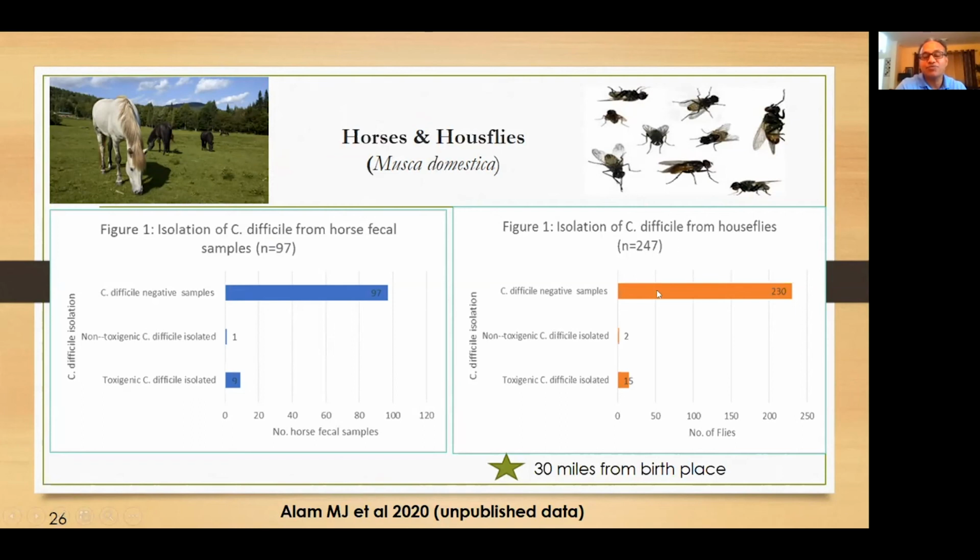And from these houseflies, we got 15 toxigenic C. difficile. So they are also colonized or carrying this C. difficile from animal feces in many different places. So this can be a good vector for transmitting C. difficile spores from place to place, from animals to animals, or animals to food.